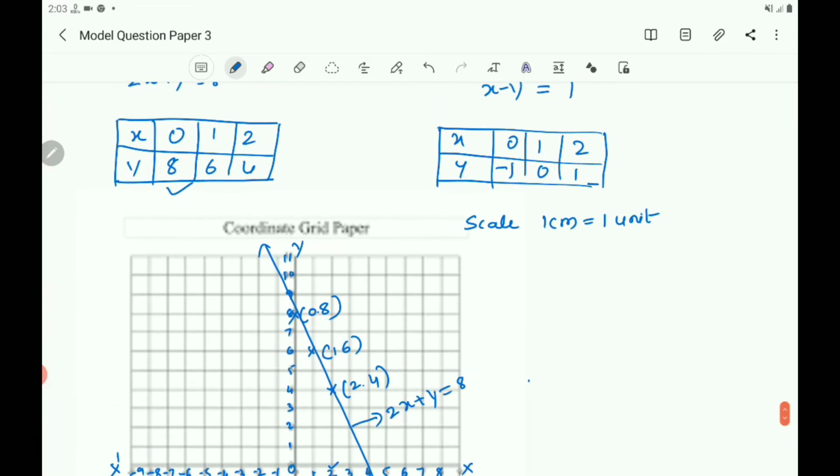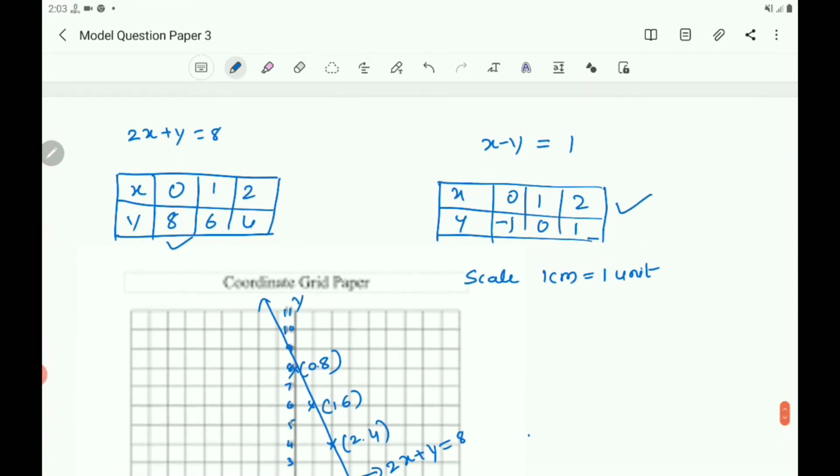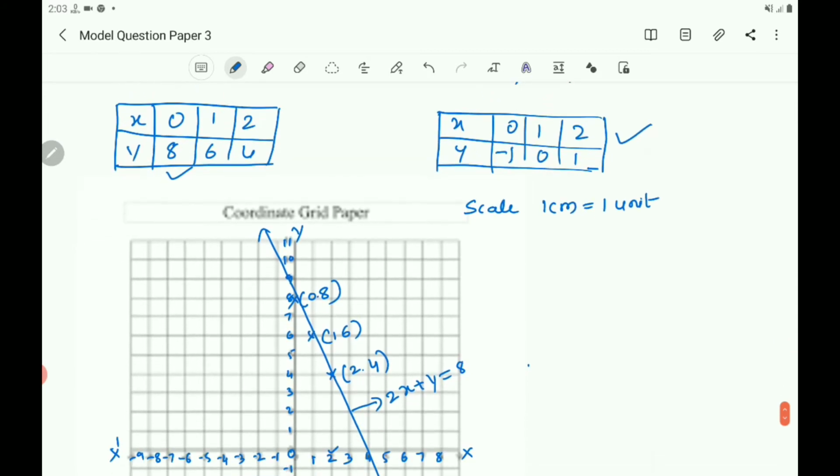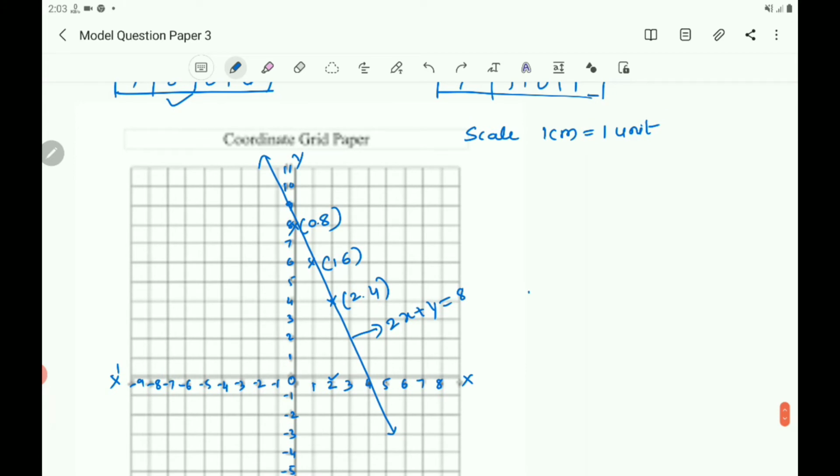Then you come to the second equation, x minus y equals 1. So the first, 0 minus 1. So where is 0? 0 is here. Minus means it comes below.